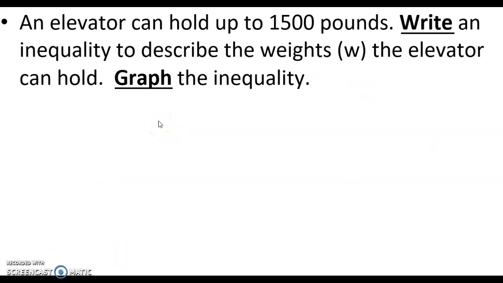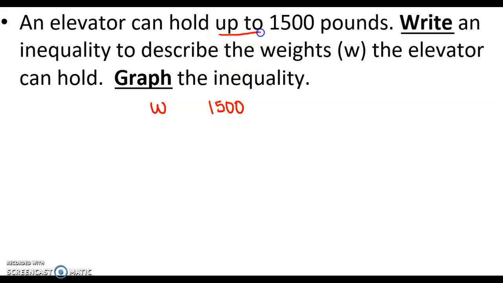Okay, our next example says an elevator can hold up to 1,500 pounds. Write an inequality to describe the weights. It tells you to use the variable W the elevator can hold. And then we want to graph the inequality. So I know the weights can hold up to 1,500 pounds. So think about this. You're riding in this elevator.